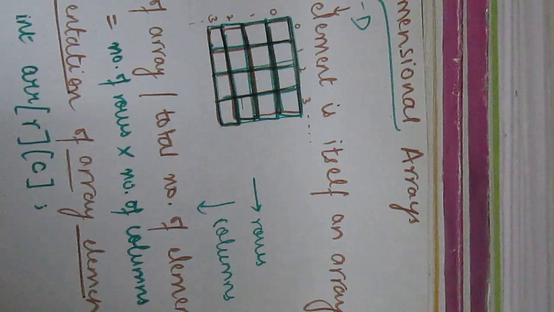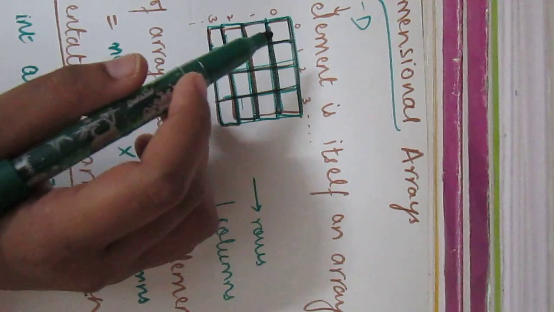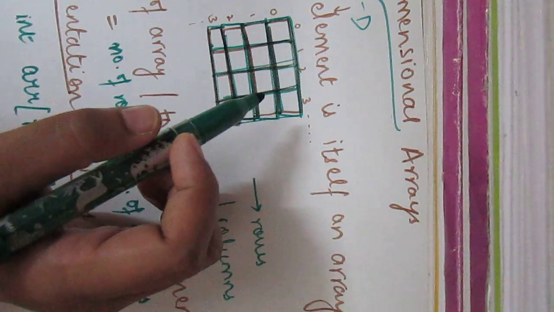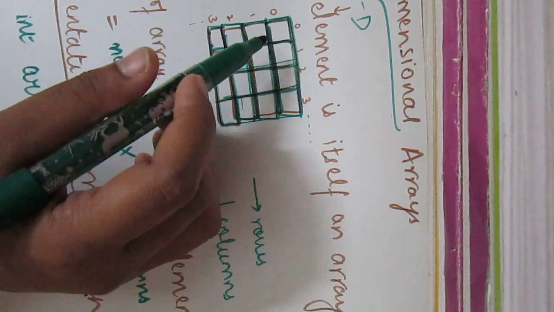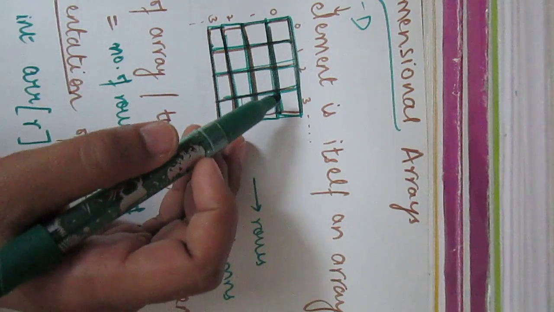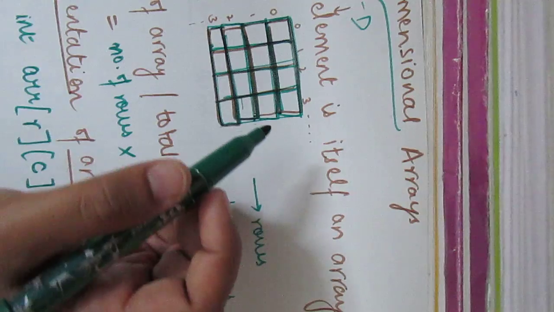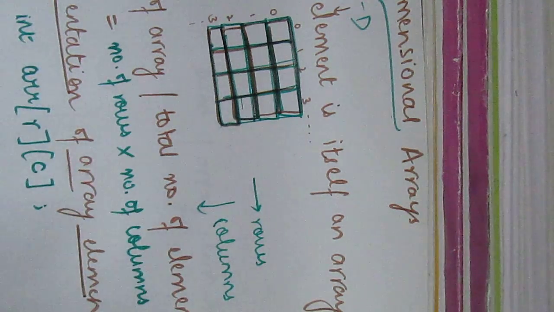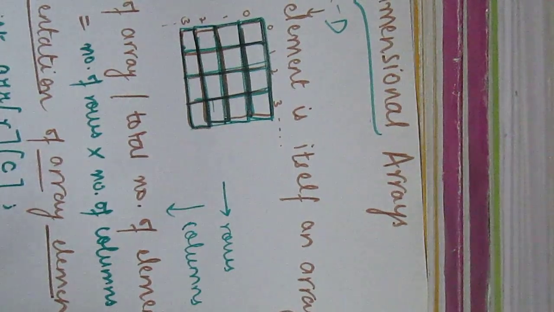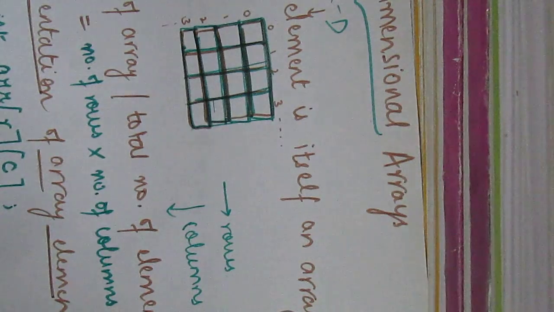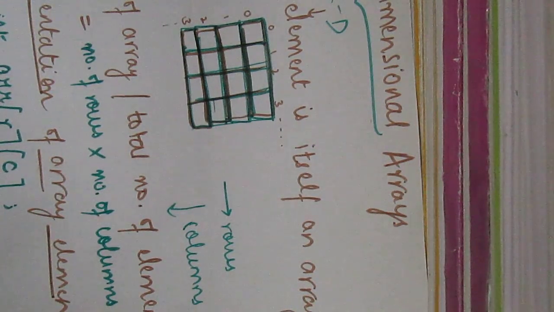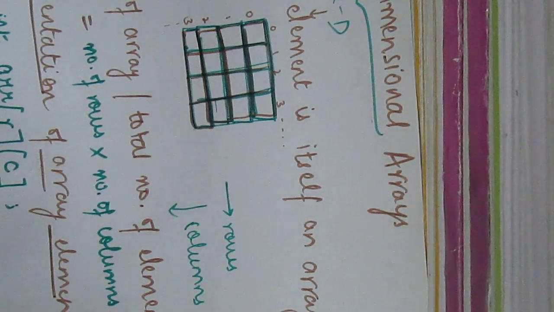For example, we have to calculate the total elements that can be placed in this matrix. We can place 4 elements in each row, and there are 4 columns, so we can have in all 4 into 4, that is 16 elements in the matrix.